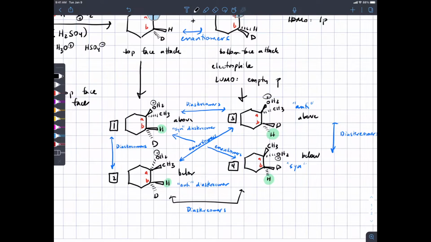We have still the same groupings of products, diastereomers and enantiomers.